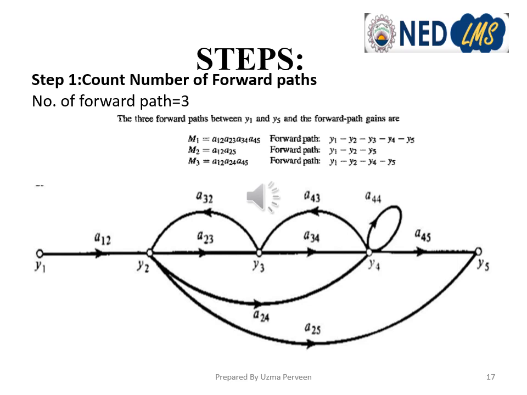But this is not possible because no node should be traversed more than once. So we have 3 forward paths here, M1, M2, M3, or sometimes we say P1, P2, P3. That is A12, A23, A34, A45, a straight line. Then A12, A25, and the third one is A12, A24, and A45.